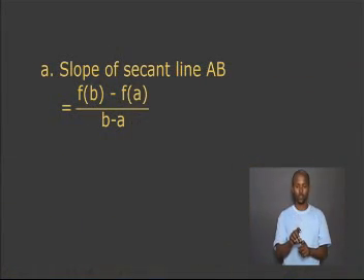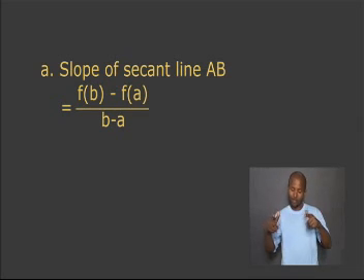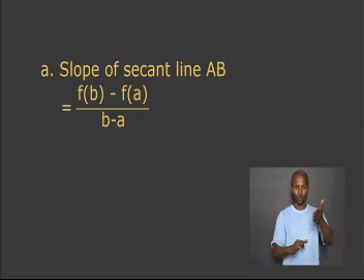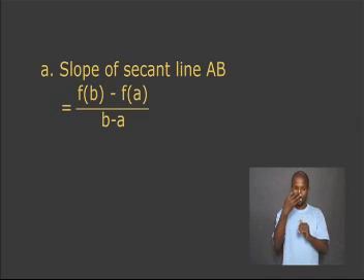The slope of the secant line is a simple formula. It equals (f(b) minus f(a)) over (b minus a).